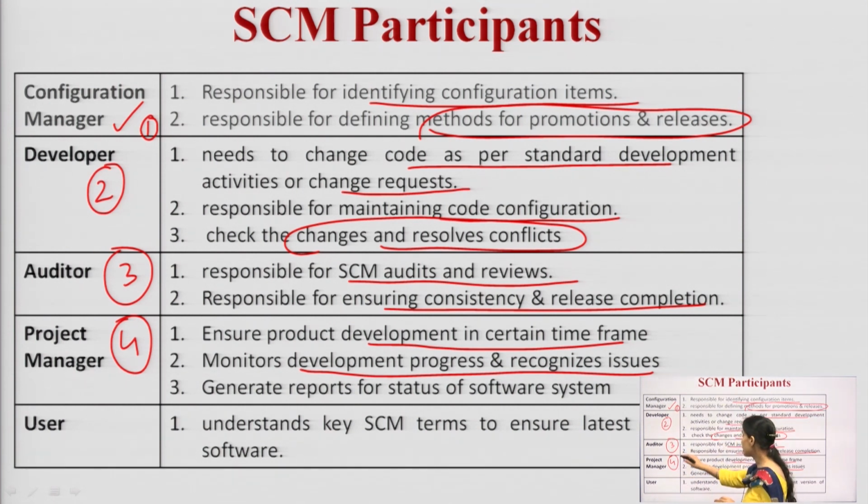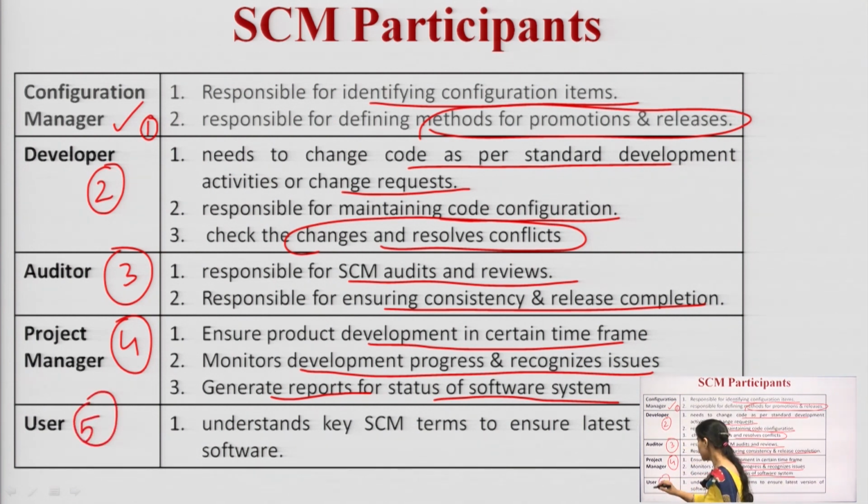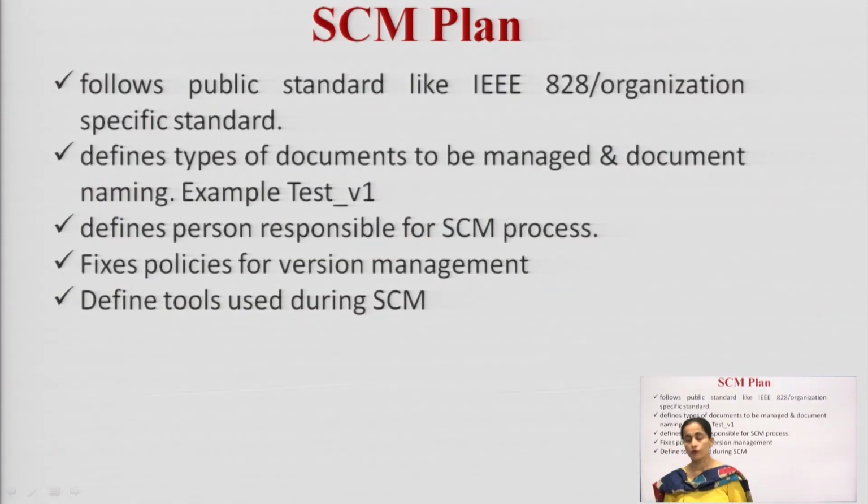Then he is the person who generates reports on the status of the software system at present. Then the most important one is the user. The role of the user is to understand the key SCM terms to ensure working with the latest version of the software.